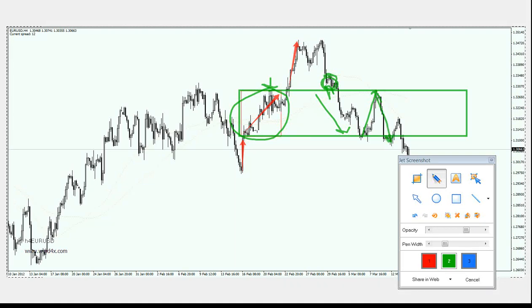All right, so once we had identified that structure and we see the price approaching it, in terms of entry, if we were looking for a long, the first place that we'd be looking for a long is at the top of that range. The next place to be looking for a long is at the bottom of that range, and you can see how this played out.